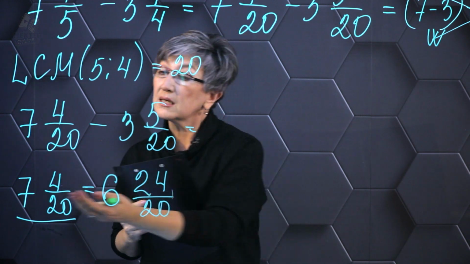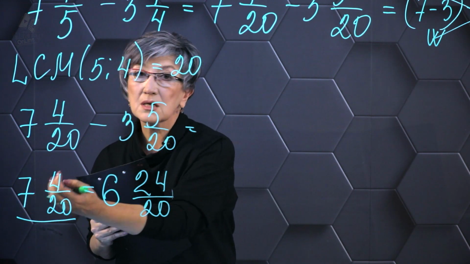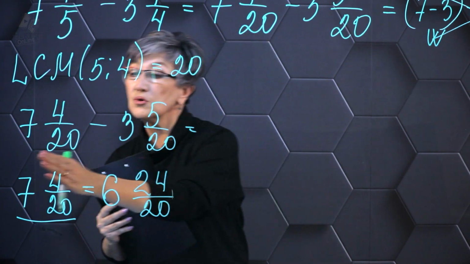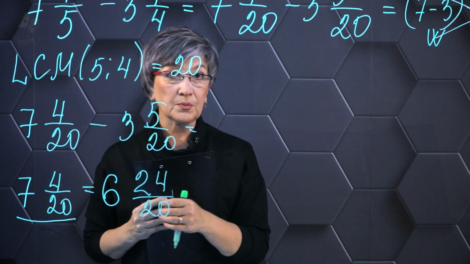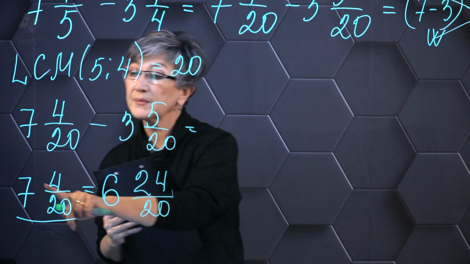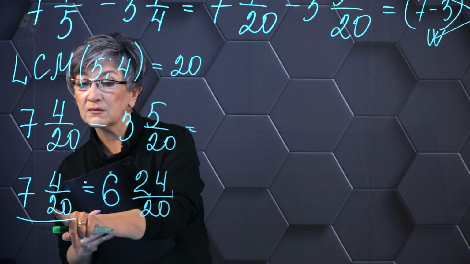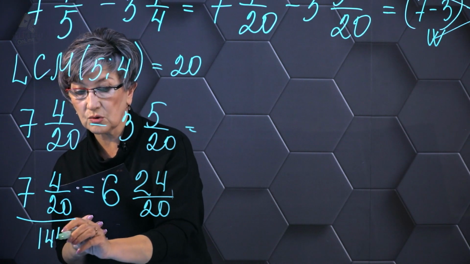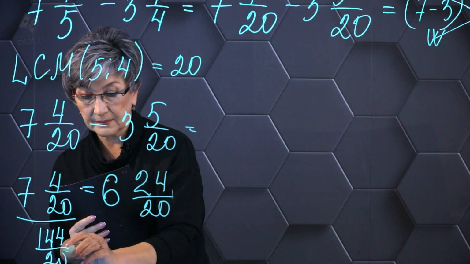So I wrote down 7 4/20 as 6 24/20. Why did I do that? I took away one whole part here. If you don't believe me, let's convert this to an improper fraction and see if we got the same fractional numbers or not. So 7 I multiply by 20, that would be 140, and plus 4, that would be 144/20ths.